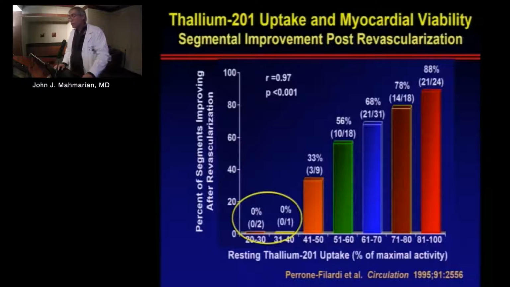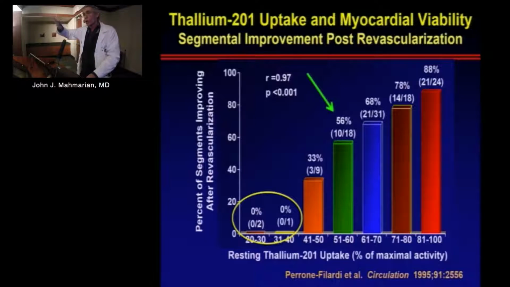After that, you can see that it's a relative increase in your ability depending on the counts that are seen. So somewhere between 50 and 60% of normal count activity actually gives you the best sensitivity and specificity. But recognize there's a gradient. So you go from 0 counts to 100 counts.